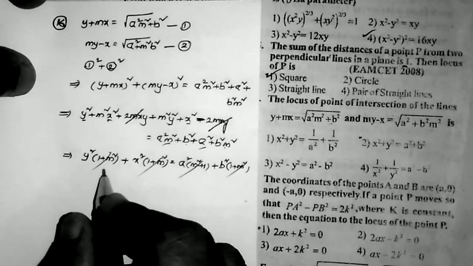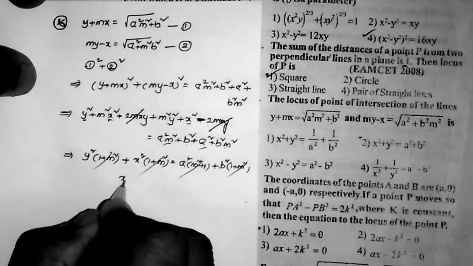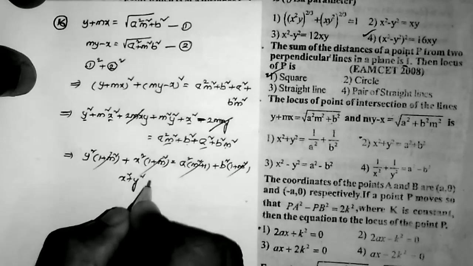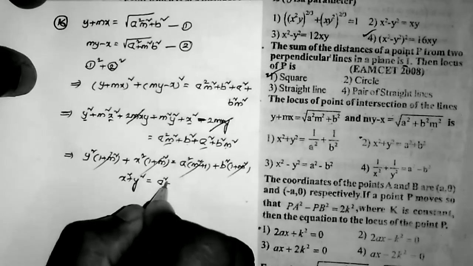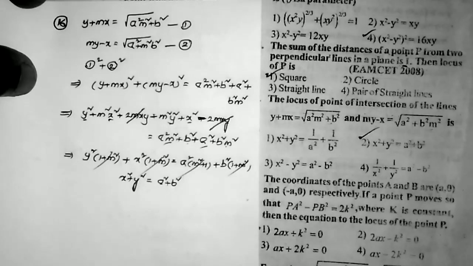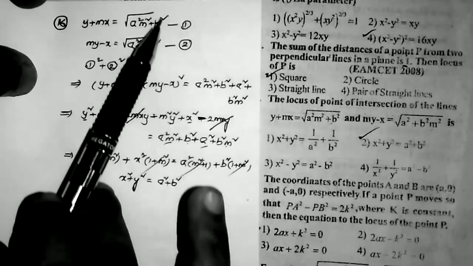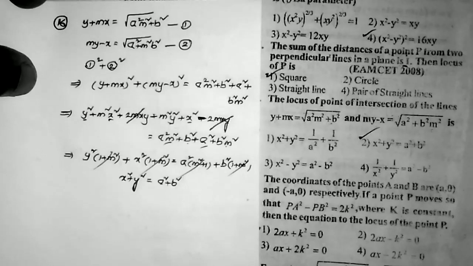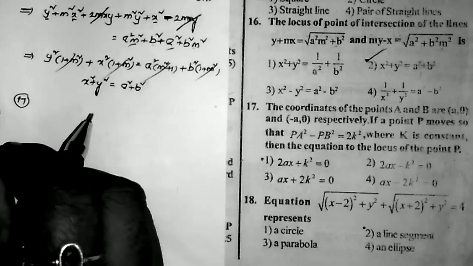Now the term 1 plus m square is cancelled throughout the equation. Therefore the answer is x square plus y square is equal to a square plus b square. That is the second option. Just simply squaring and adding both of the equations to get the required answer.